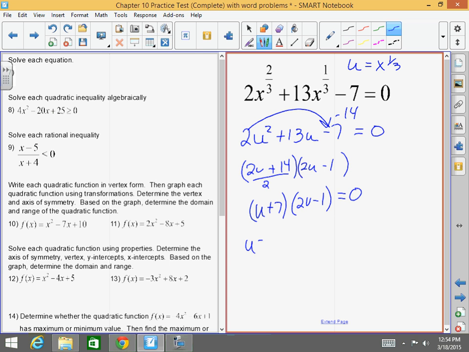So u equals negative 7 and u equals 1/2. You're not done. U is equal to x to the 1/3. So really, x to the 1/3 equals negative 7, and x to the 1/3 equals 1/2.